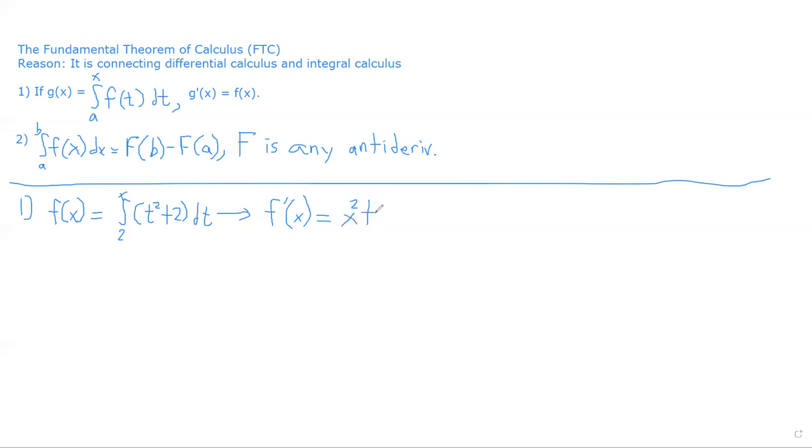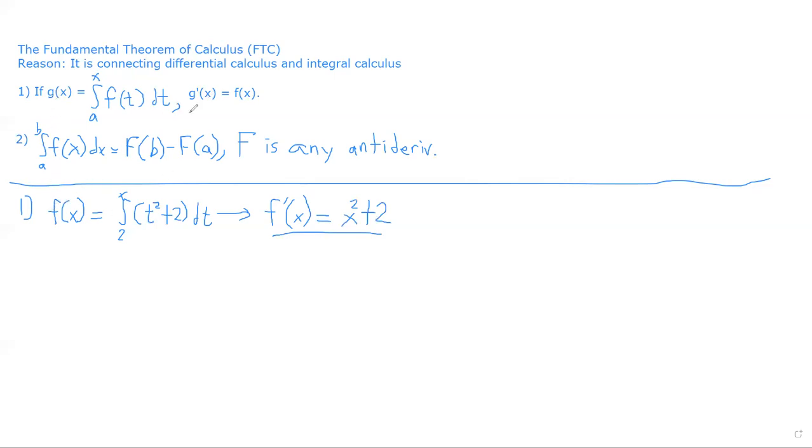It might sound a little confusing at first, but I just want you guys to understand the concept and model it here. So a is some constant number, all the way to x, of f of t, which is t squared plus 2 here. I should have said g of x, but it's just a letter, so don't worry about it.